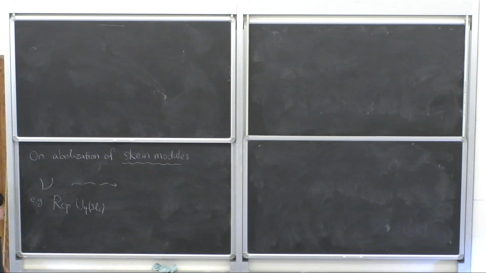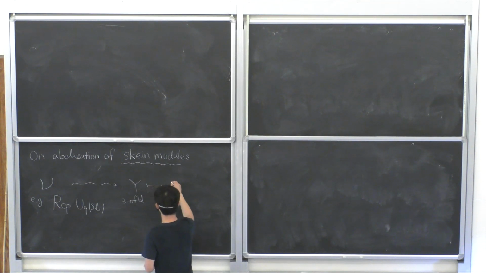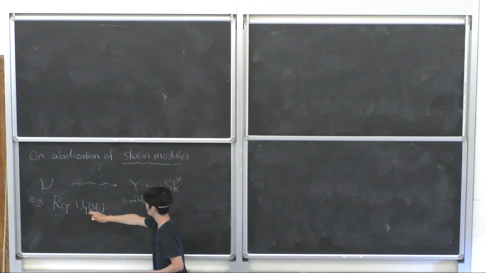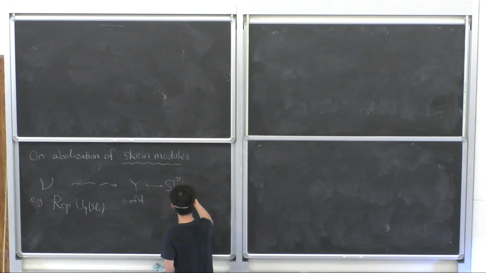So given such a choice, a Skein module assigns a vector space to each 3-manifold. So for each 3-manifold Y, we get a vector space called the Skein module that depends on the choice of a ribbon category.